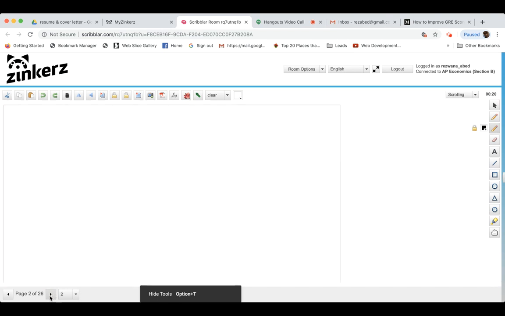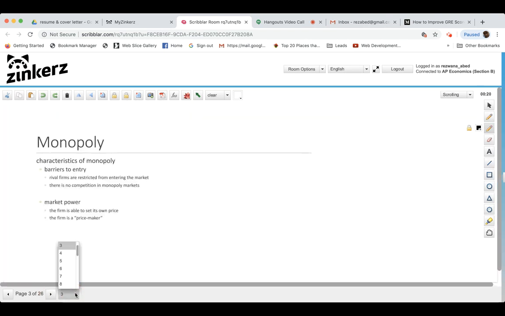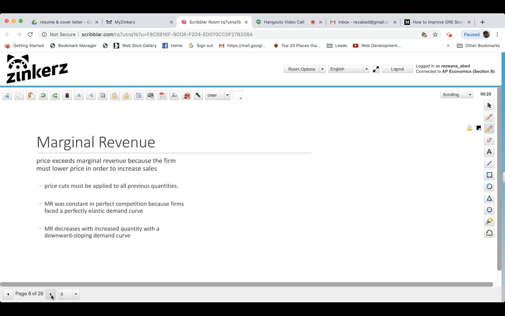Okay, so now let's take it to over here. We looked at the demand curve for perfect competition, and then a side by side comparison between perfect competition and monopoly. We saw that the monopoly has a downward sloping demand curve, right?